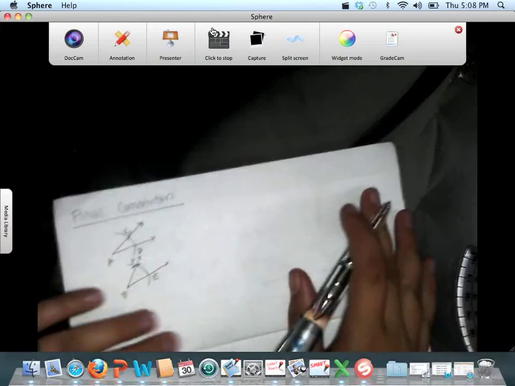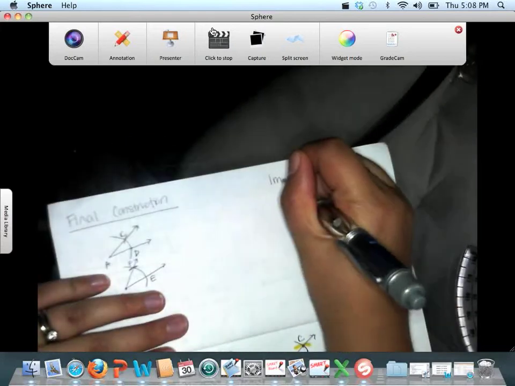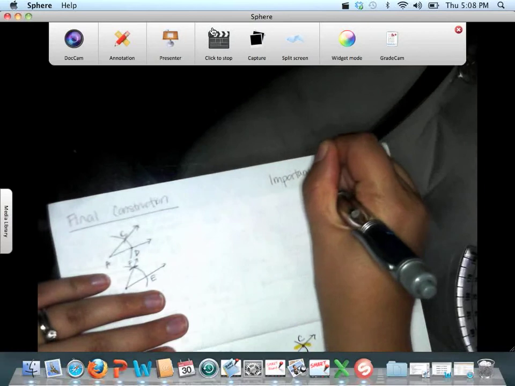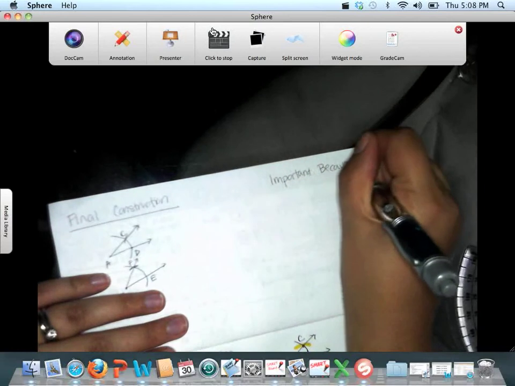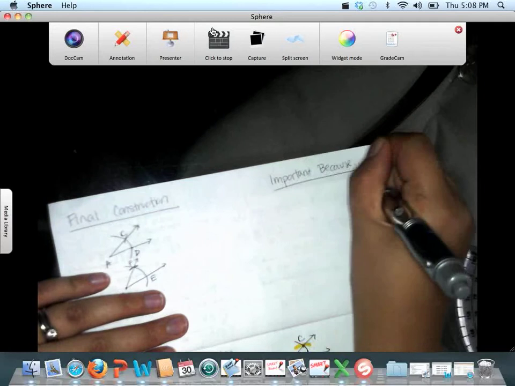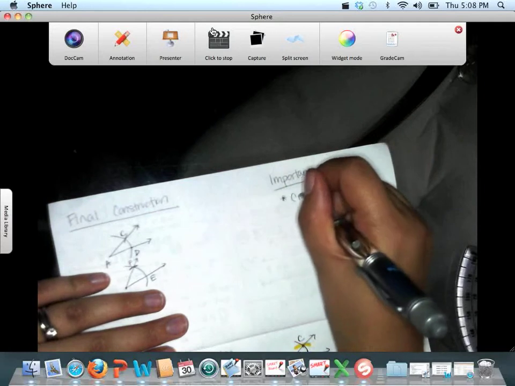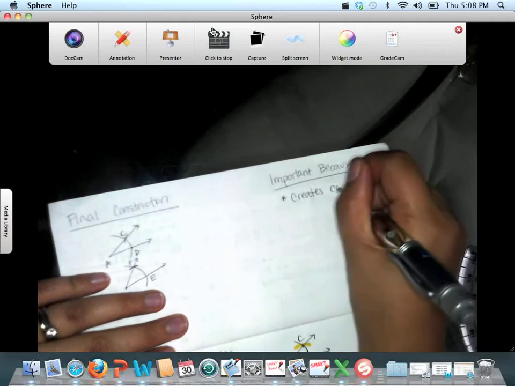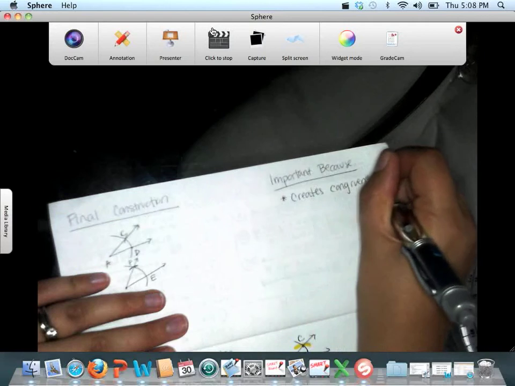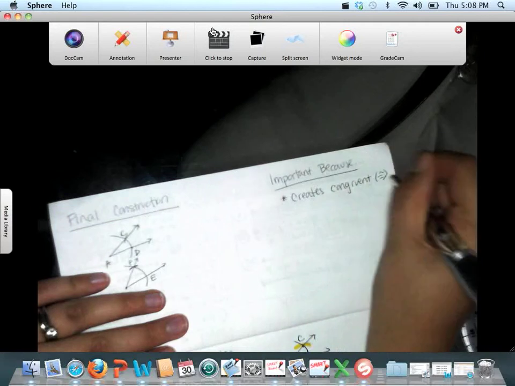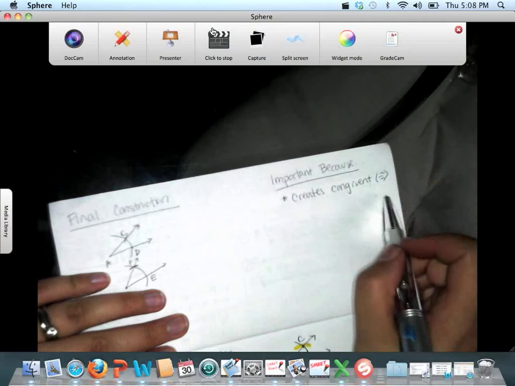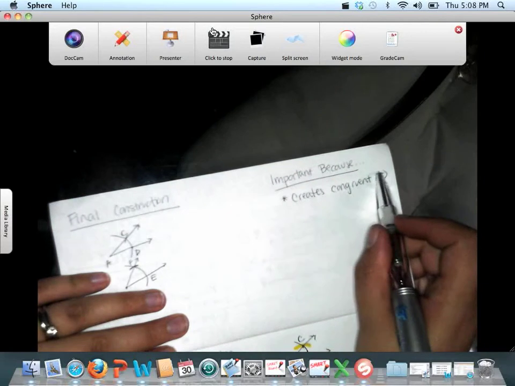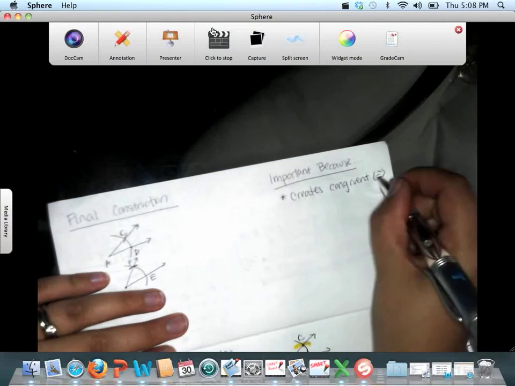Now this is important because, one, it creates congruent angles. This is the symbol for congruent. It's an equal sign with a little wavy line on top. Fix that a little bit.